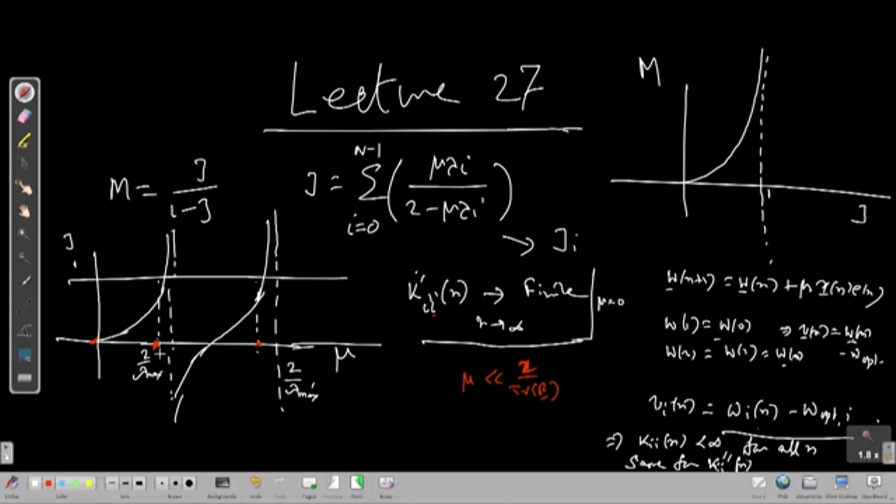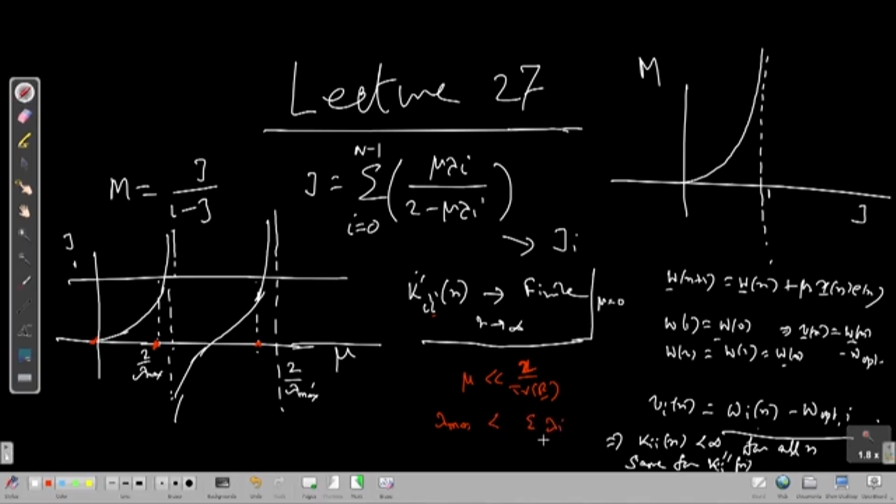But 2 by trace R, because 2 by lambda max, we know lambda max is less than the summation of all the eigenvalues, right?